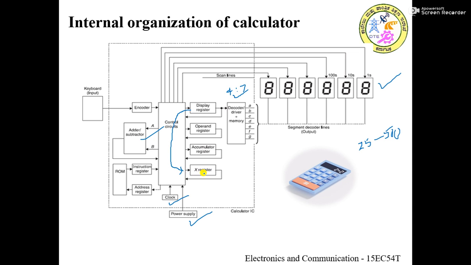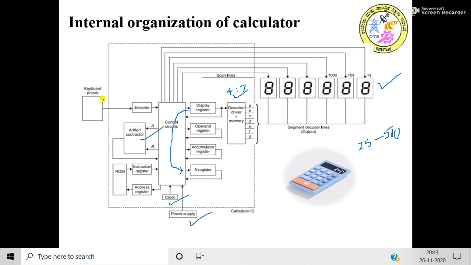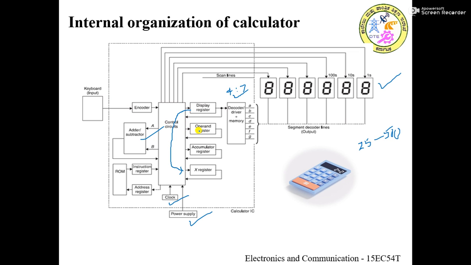All the operation codes are stored in the X register. Then once he enters the next data, again it goes into the display register, and then it is copied into the operand register. Like this it repeats. Then what is the purpose of the accumulator here?